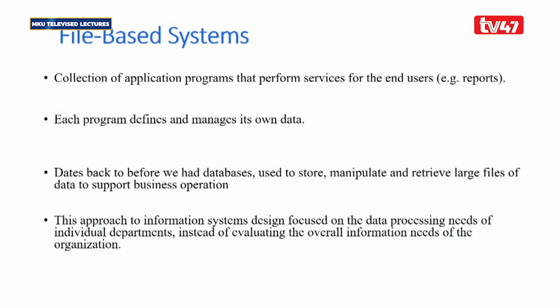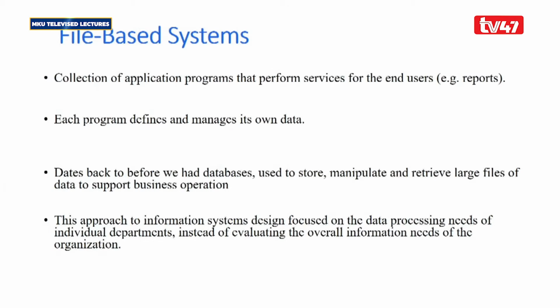One thing about it, no relations or relationships. So file-based systems basically are a collection of application programs that perform services for the end users. And we can say that each program defines and manages its own data.